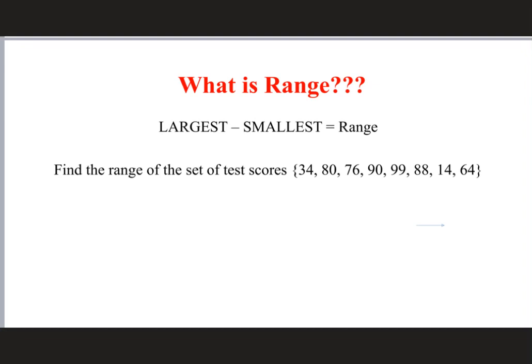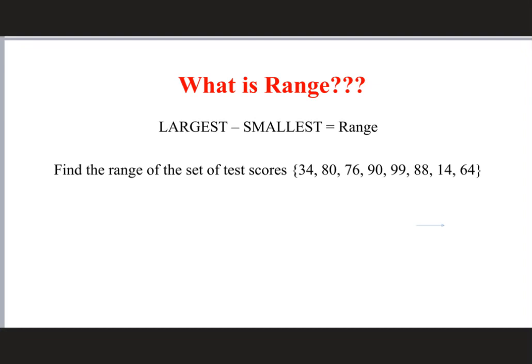If I talk about the age range in my classroom, okay, the age range can go from 15 to 28, because you guys are 15, 16, 17-year-olds, and I'm 28. Okay, so my age range is from the lowest to the biggest, and to find that number range, you just subtract the largest minus the smallest. Okay, so finding the range of these scores.